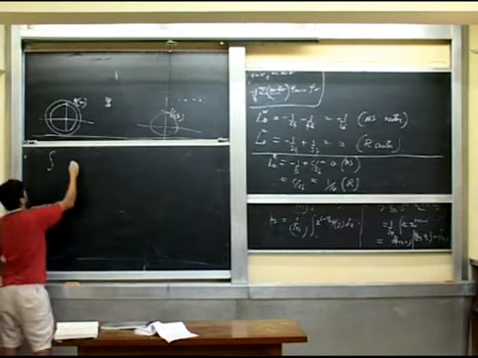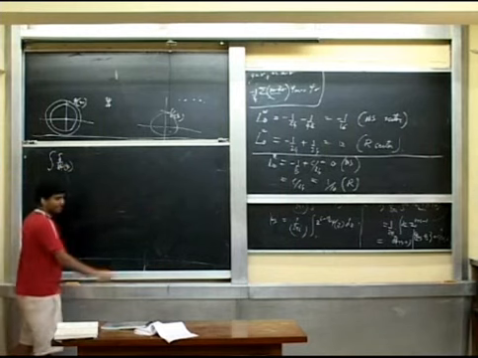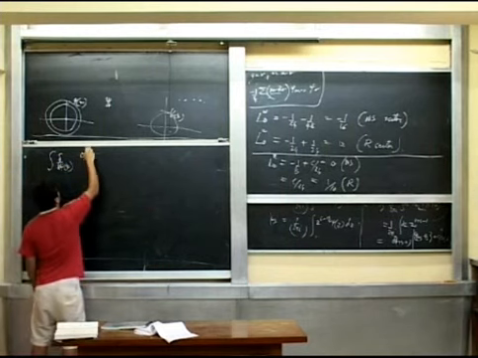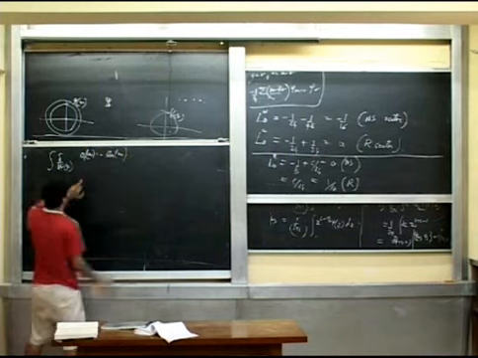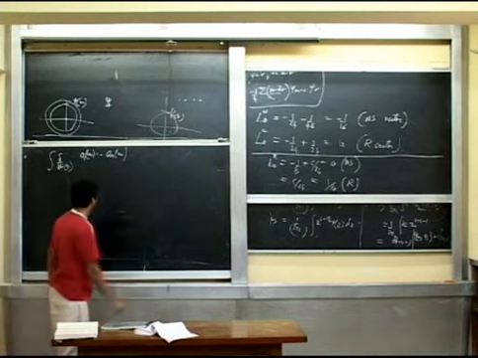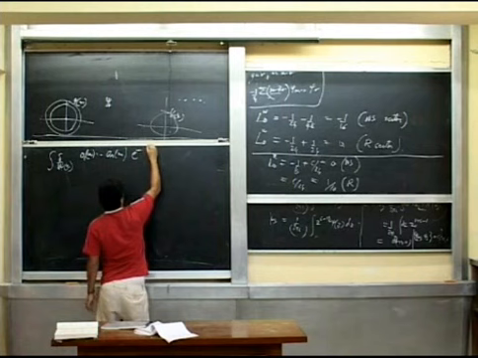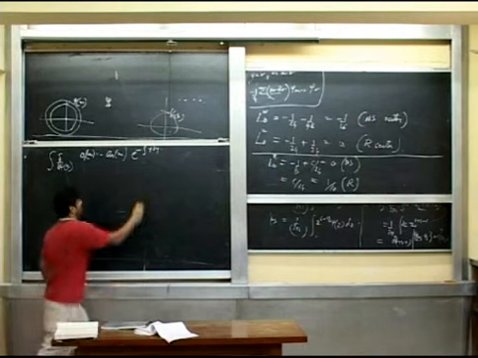Let me remind you that delta by delta psi of z of the correlator with O1 of x1, On of xn, as long as z does not hit any of x1 to xn, is e to the power minus, what was it? It was psi del bar psi.